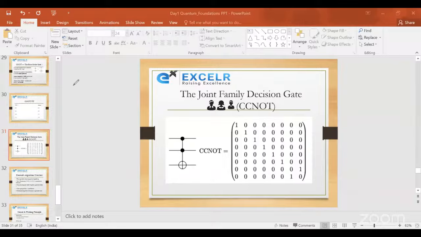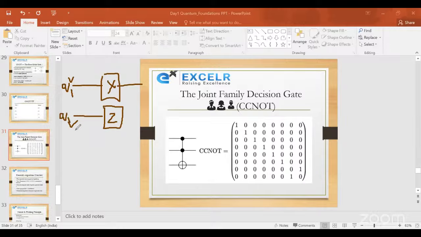Suppose we are having the same gates in parallel, say X and Z in parallel. Naturally, when we are going in parallel, we are following two inputs. One input is this, another is this input, suppose Q1 and Q2. Then the simple rule applies here also: we have to do the calculation from right to left.